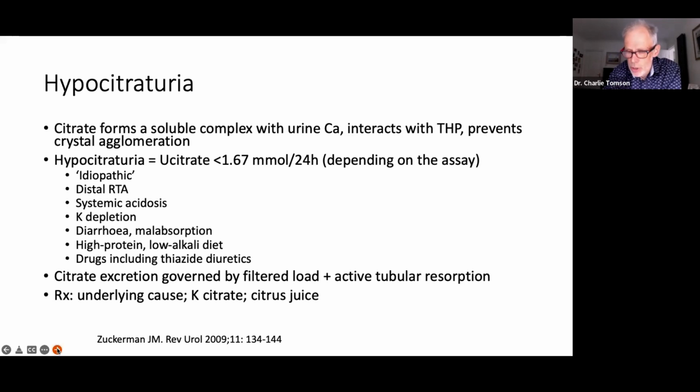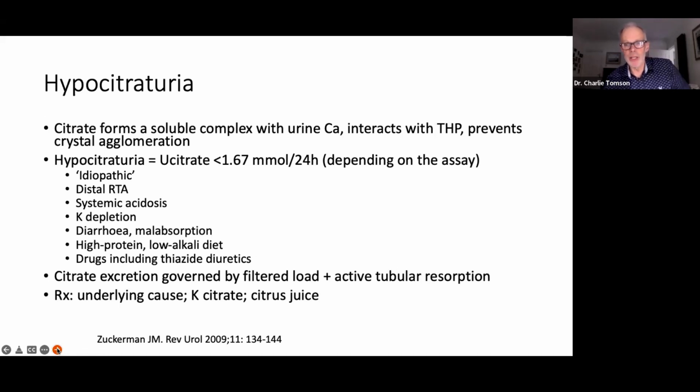And as I said, the third major biochemical risk factor for calcium oxalate stone formation is a low urinary citrate. This is because citrate effectively combines with calcium and stops it being available to form ionic crystals with oxalate. And hypocitraturia may occur for no obvious reason, either idiopathic, may occur in acidotic states, including distal renal tubular acidosis and systemic acidosis, and may occur in potassium depletion, diarrhea, and malabsorption, and in high protein, low alkali diets.